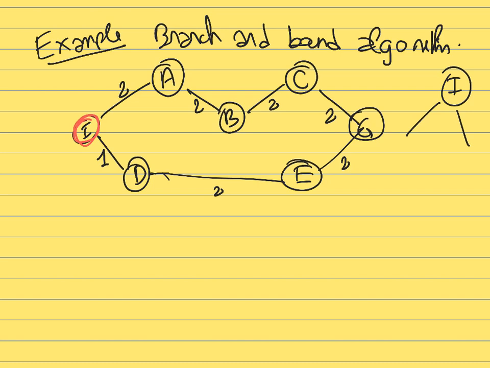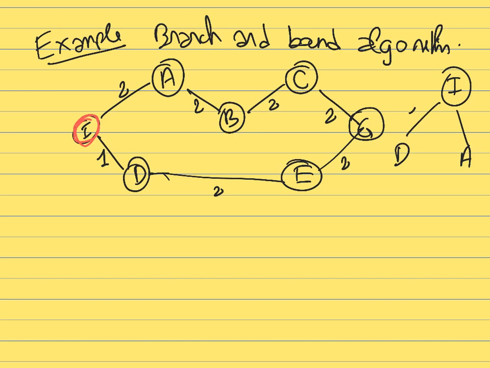In this case, you have two possibilities, which are state D and state A. The information that you will be using in order to pick the next state from the frontier is how far you have traveled from the initial state.